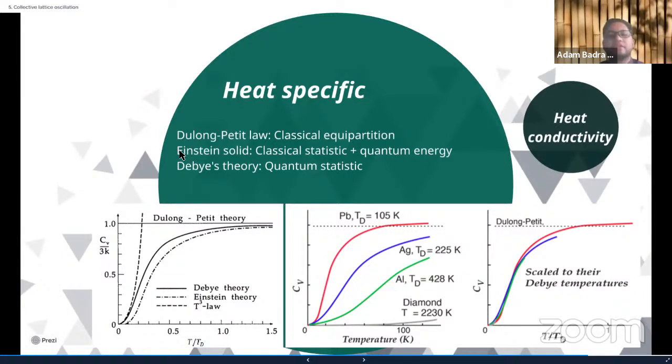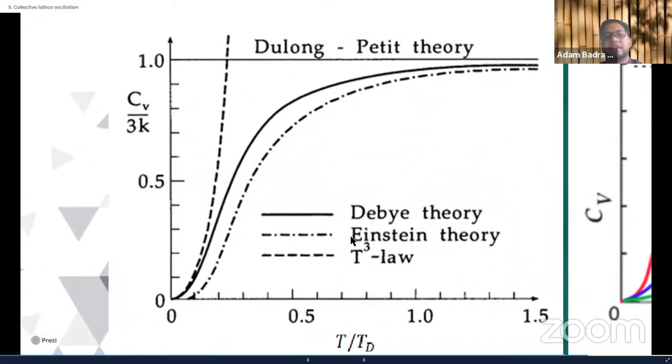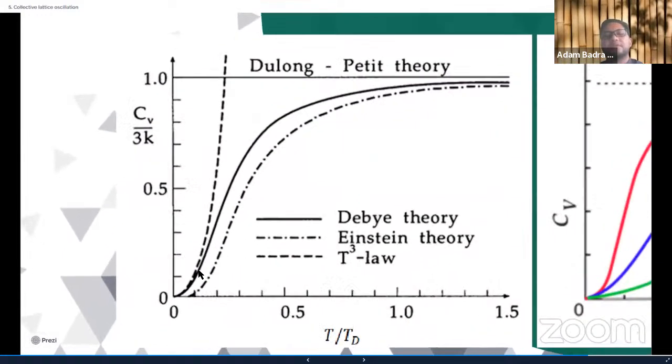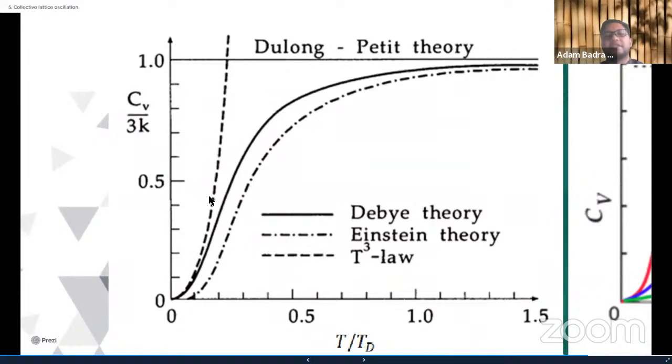Here we saw that three models are used: the Dulong-Petit law, which uses the classical equipartition theorem and finds that it is equal to 3k; the Einstein theory, which uses some classical statistics plus quantum energy; and the Debye theory, which uses pure quantum statistics, and we can find that the distribution becomes something like this.